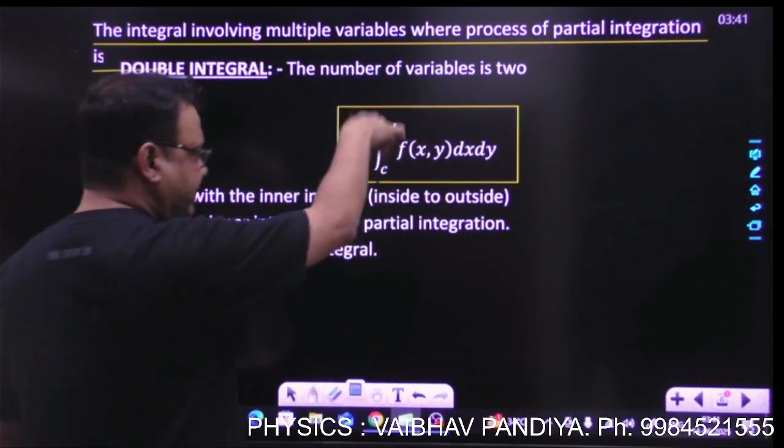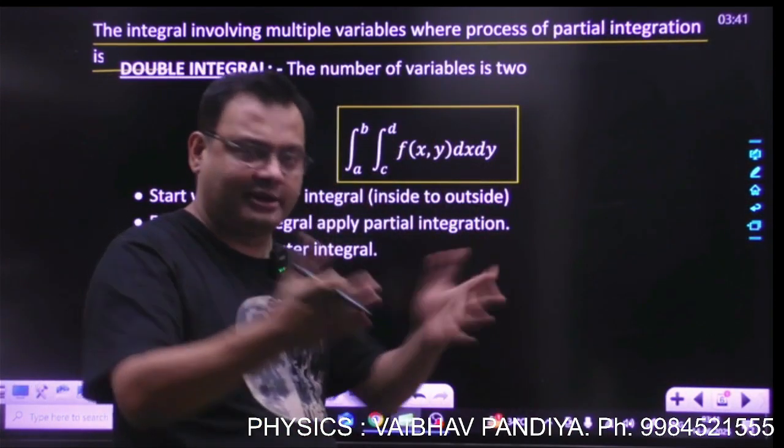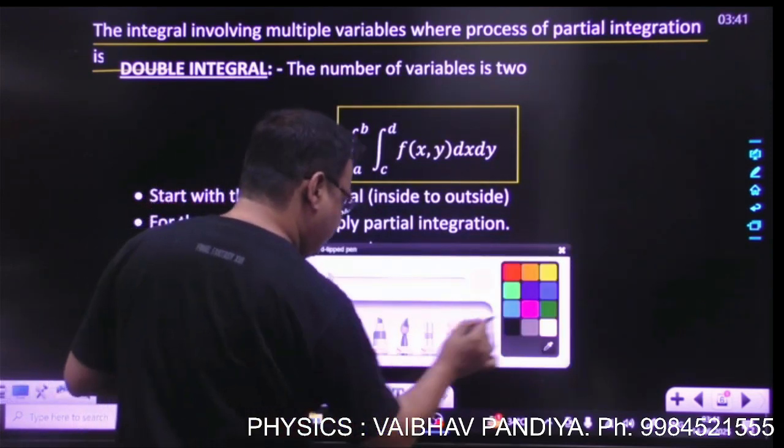Start with the inner integral. We will go from inside to outside. This is very important.